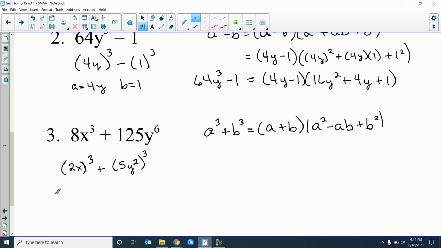Everywhere I see an a, I got to put in a 2x. Everywhere I see a b, I got to put in a 5y squared. So this first one is just pretty straightforward. 2x plus 5y squared. I'm going to do this in 2 steps.